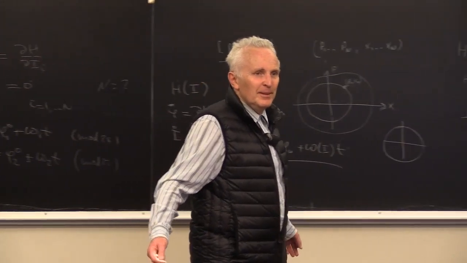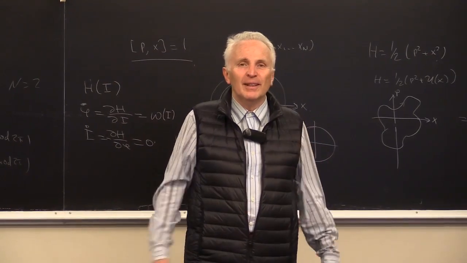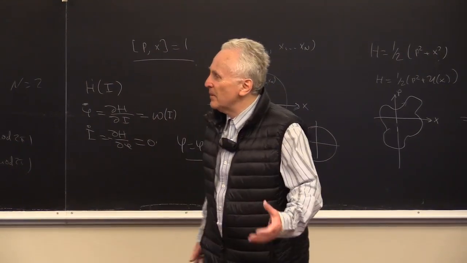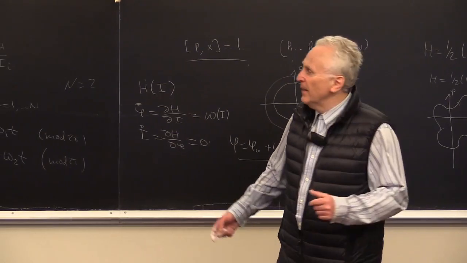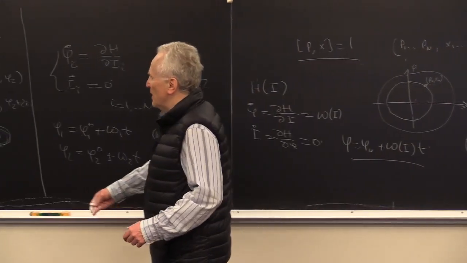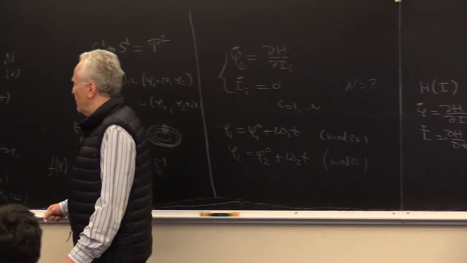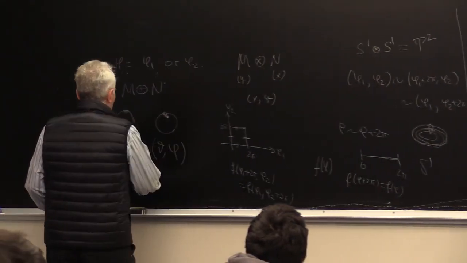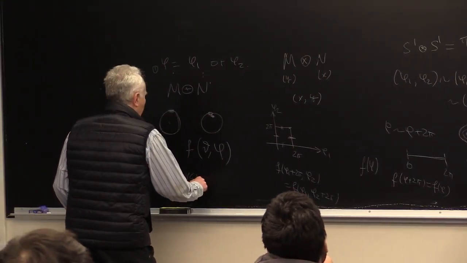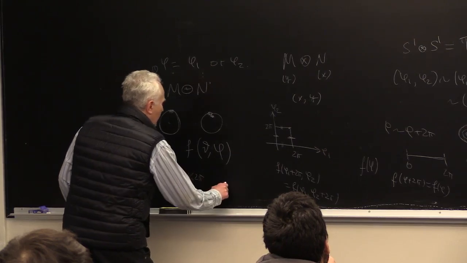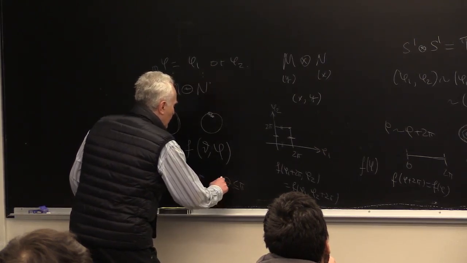It will not be a sphere. A sphere cannot be equivalent to a torus, right? So what do you think we should say? I remind you that phi changes from 2 pi to 0, and theta changes from pi to 0.